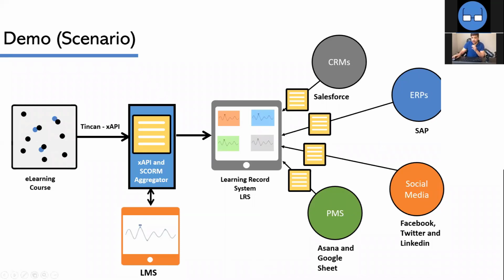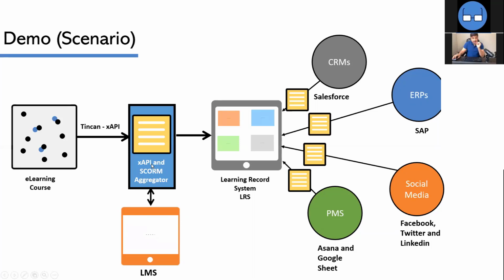So what I did was, SCORM Cloud is one of the aggregators. I published my course in Articulate Storyline, and then I uploaded my course in this aggregator, right? This aggregator gives me this SCORM file that I uploaded in the learning management system, right?